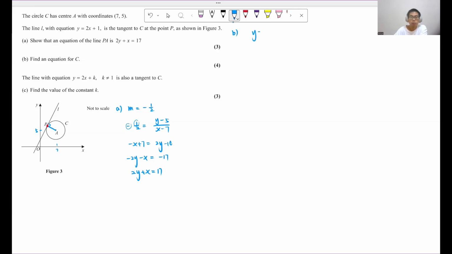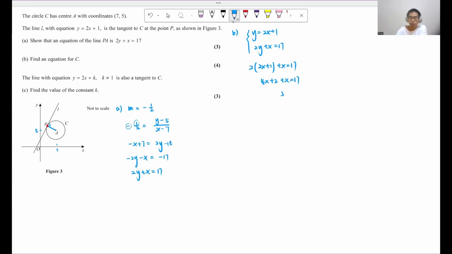So line L is y equal to 2x plus 1. And the line PA is 2y plus x equal to 17. To solve the simultaneous equations, we can just do the substitution method. So 2 times y, which is 2x plus 1, and then plus x equal to 17. So 4x plus 2 plus x equal to 17.